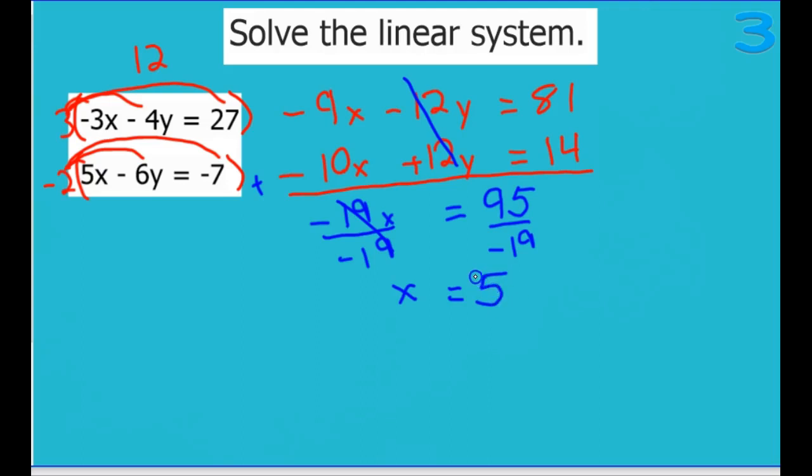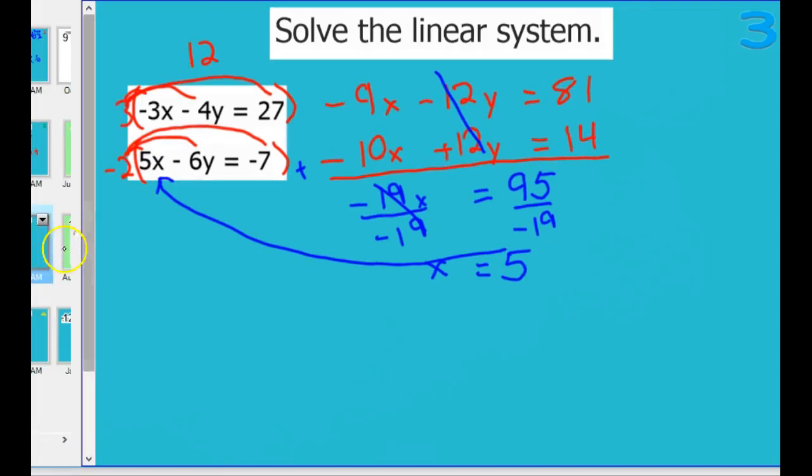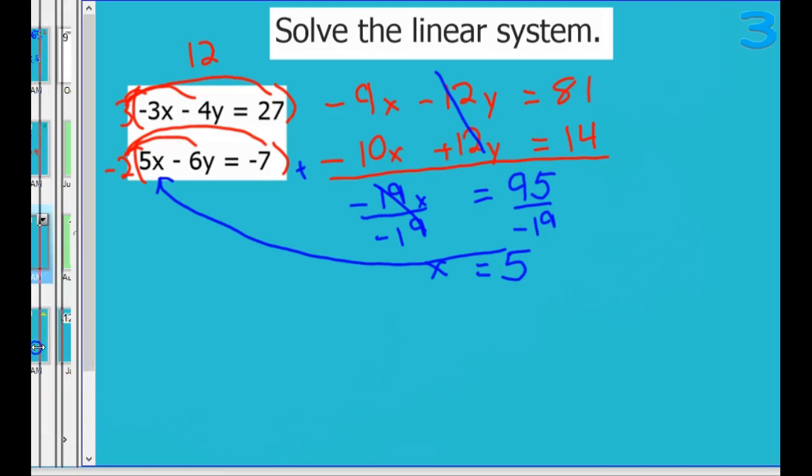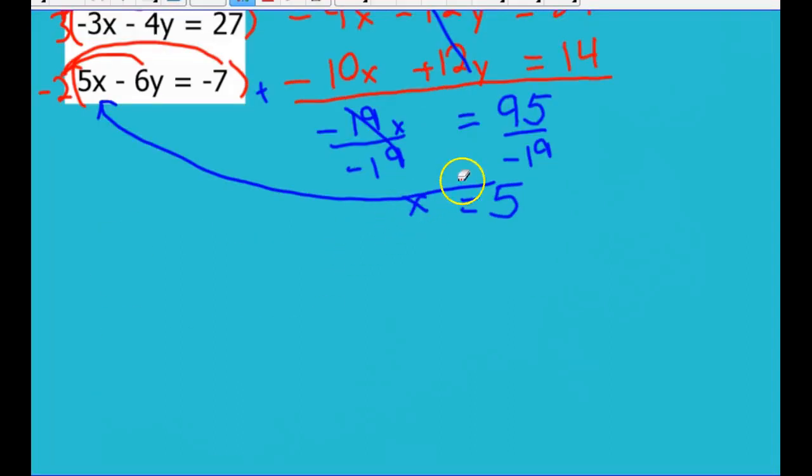So now we take this 5, and we plug it into any of our equations for x. Let's just put it into this one here. So, what we get then, I apologize, 95 divided by -19 is a -5.